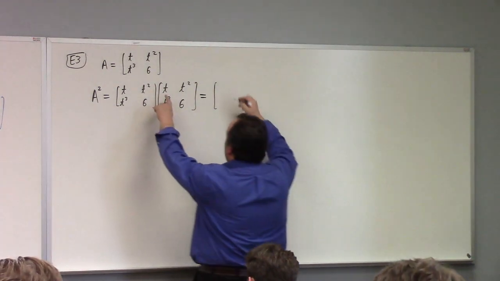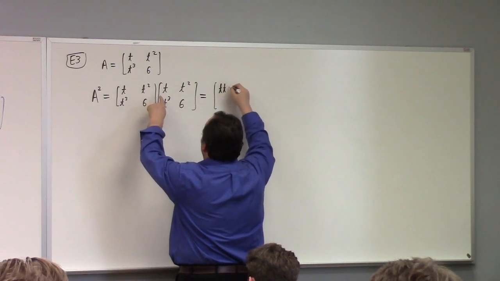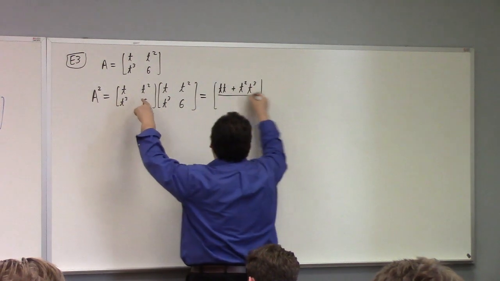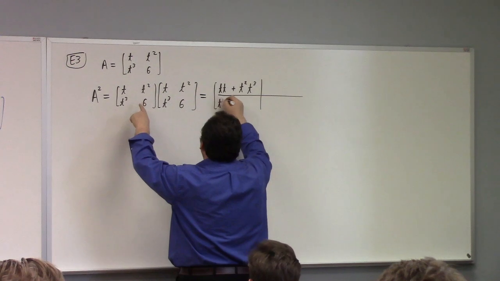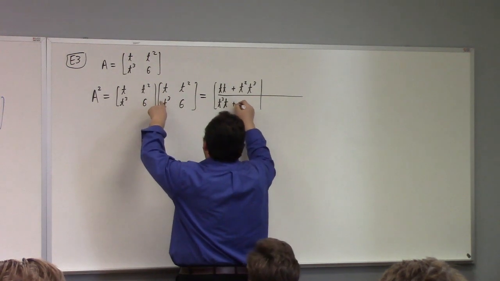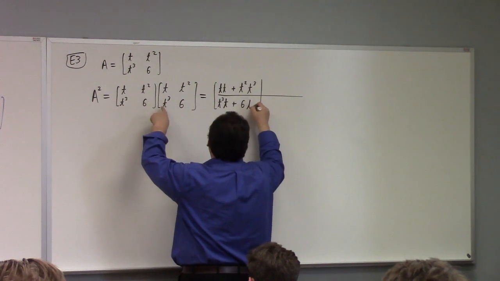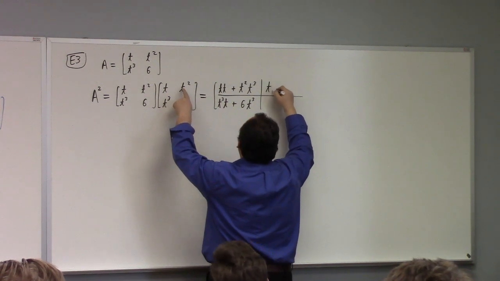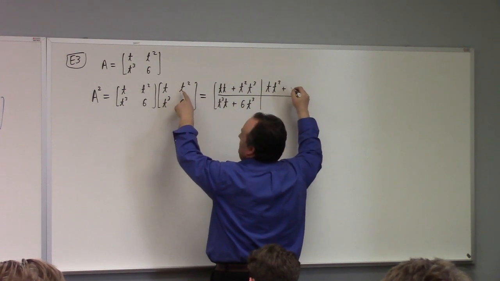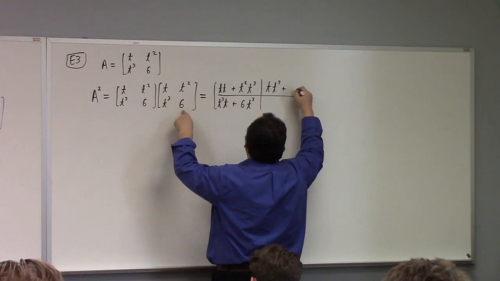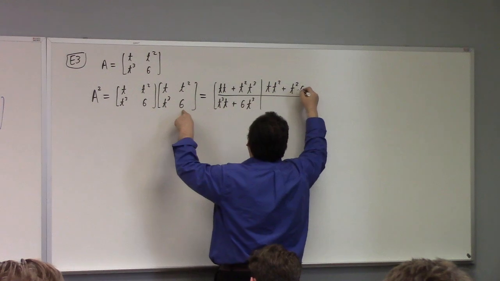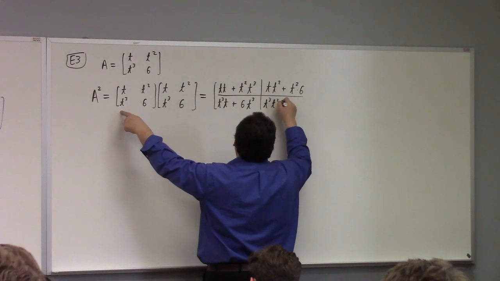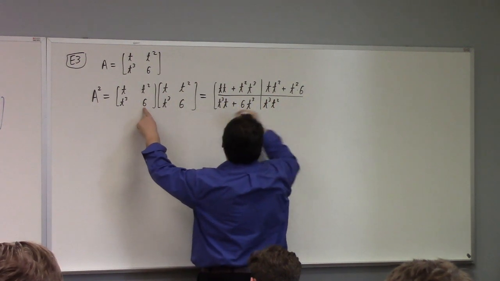So okay, I'll write it out. We get t times t plus t squared times t cubed. I like to put dividers in when it's messy like this. t cubed times t plus 6 times t cubed. Let's see here. I get t times t squared plus t squared times 6, and then finally t cubed times t squared, that's this times this, plus 6 times 6.